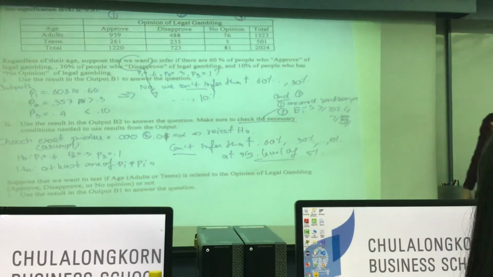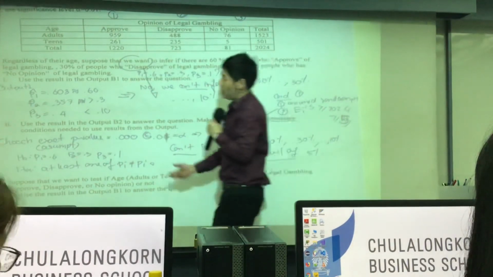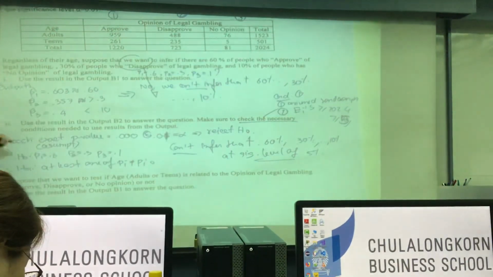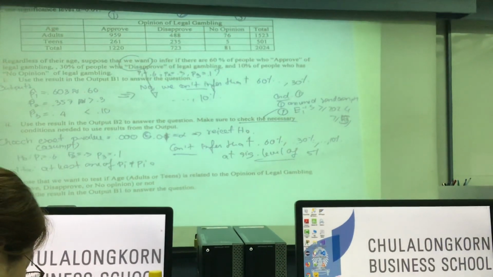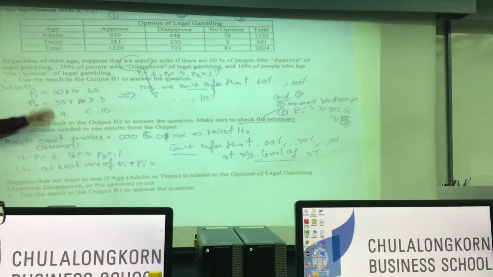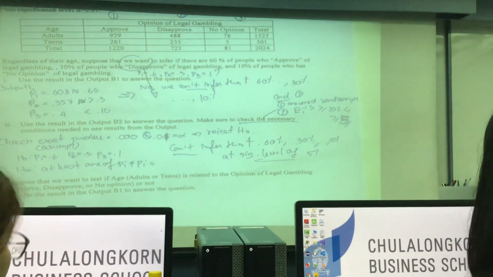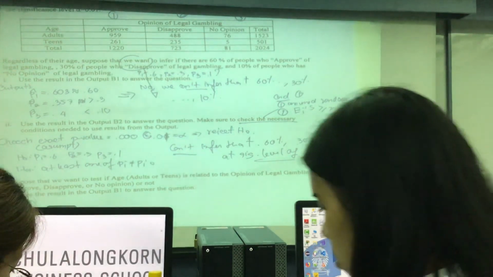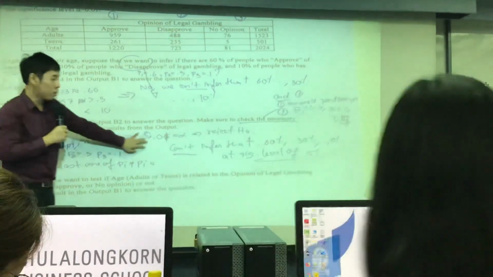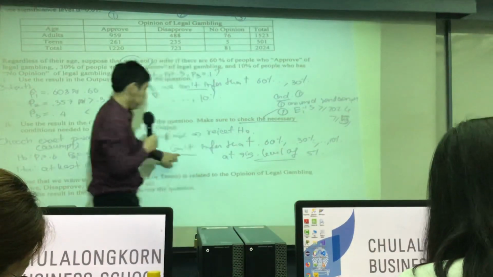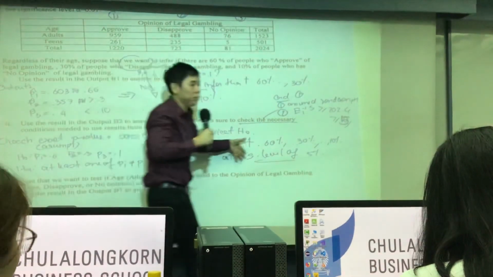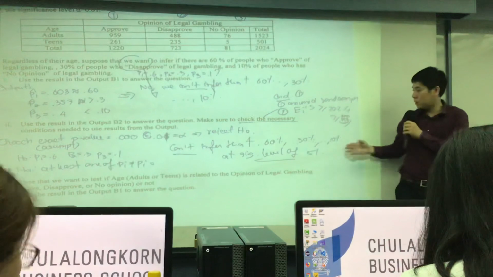So the condition is met, and you can also choose the asymptotic one, but if I have exact, I just use exact. Sometimes I give it, sometimes I don't. And then this is reject, so we conclude we cannot infer the claimed proportions. Take the whole sentence and also specify your alpha.